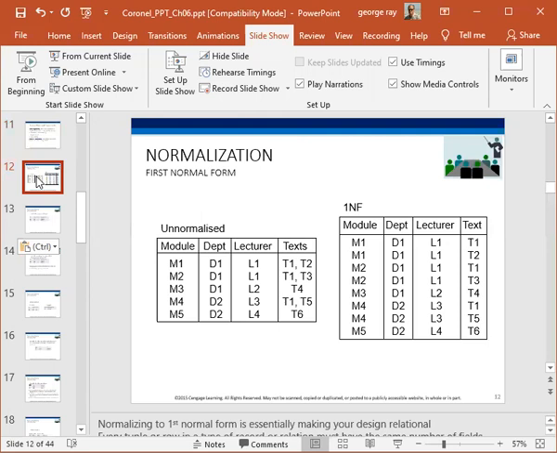Furthermore, there can't be any repeating fields or groups, things like a phone number that has multiple values. So each attribute value must be a single value. Additionally, the domain of an attribute must be atomic. And finally, no two rows can be identical, so there has to be a key that uniquely identifies each row in a table.